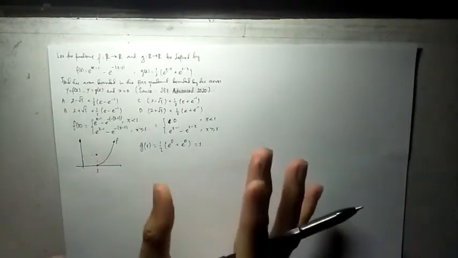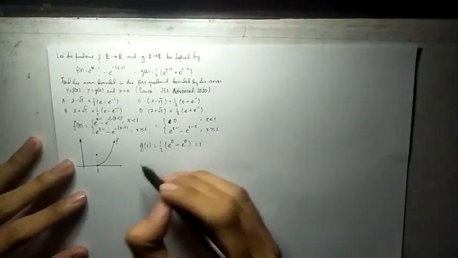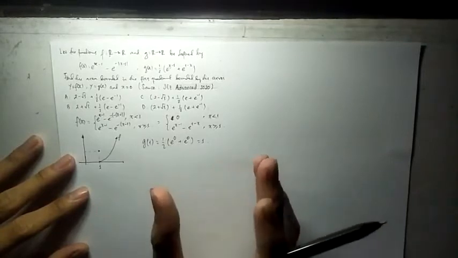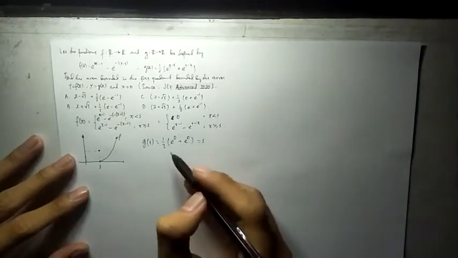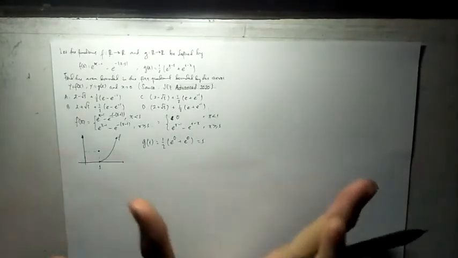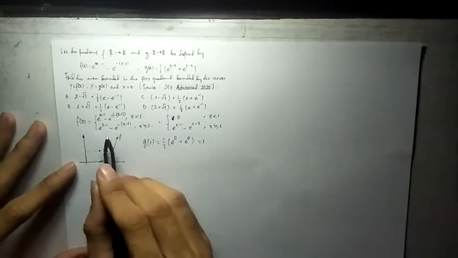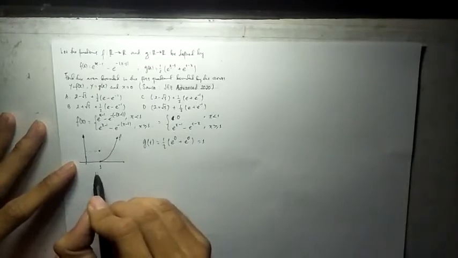Now how about g of 0? We don't care about g of 0, because we know that g must be greater than f. If you don't believe it, just find the value.